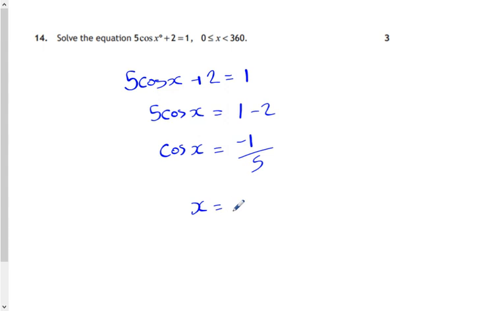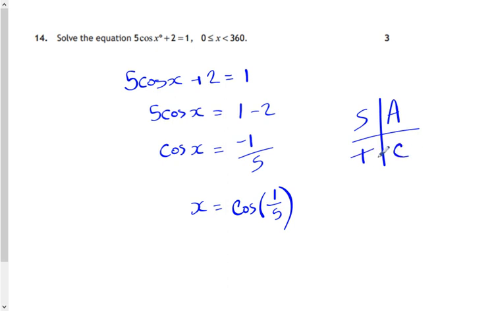So x is equal to the inverse cos of, and I'm just going to use the positive here, 1 over 5. And we look at our CAST table. All students take cos. Cos is negative in these two quadrants, that's 180 minus and 180 plus.